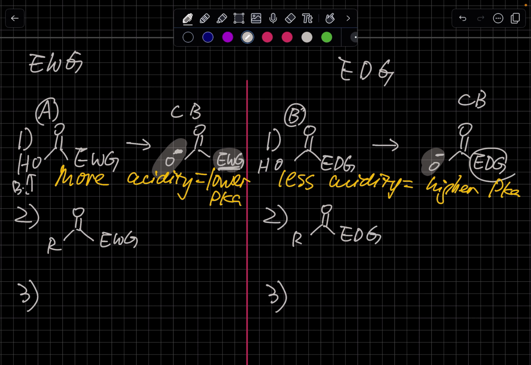So this is an electrophile, and I have a nucleophile here. The nucleophile is going to attack my partial positive carbon to do some nucleophilic substitution. Which one, the case of A or the case of B, do you think the reaction is going to happen faster?